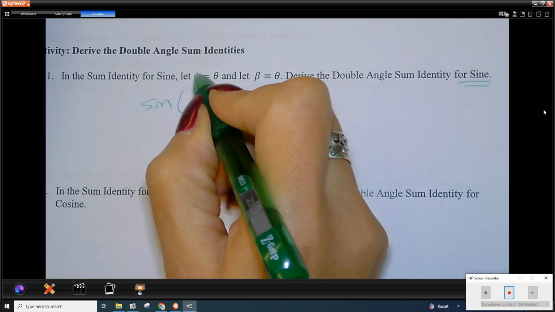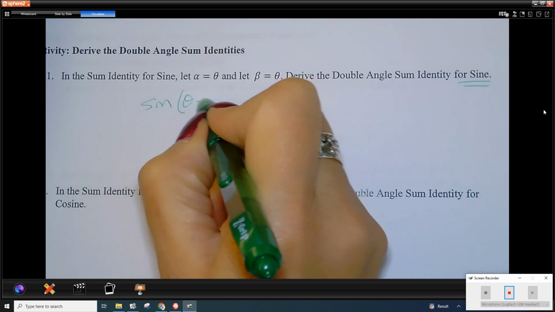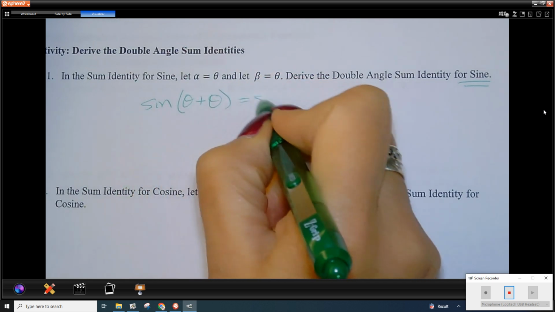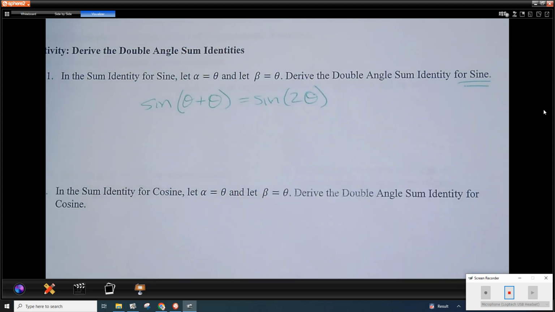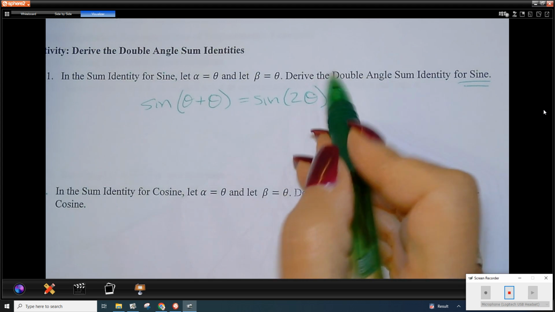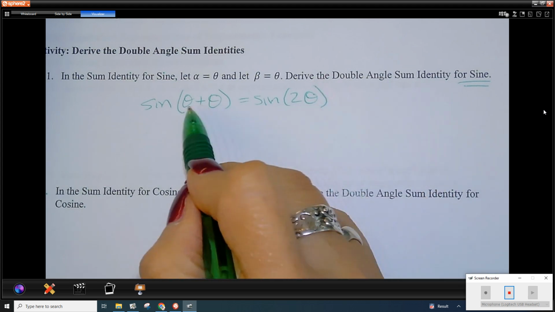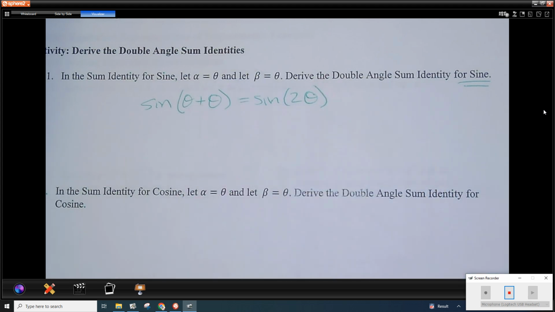Okay? So I'm going to write theta plus theta, which is sine of 2 theta. So right here, we're going to use the identity we just used, which is not on my printout. Where is it? There it is.